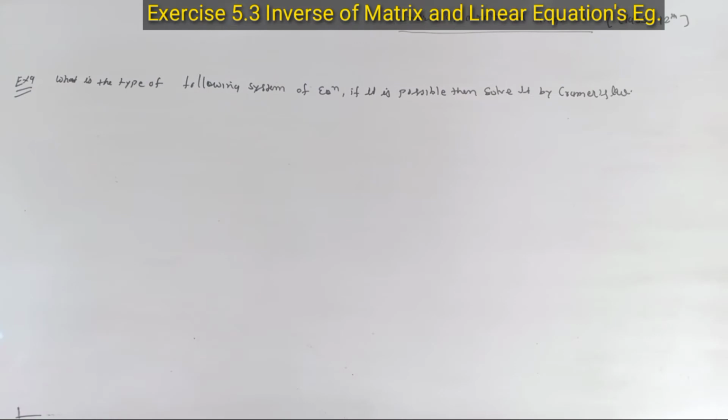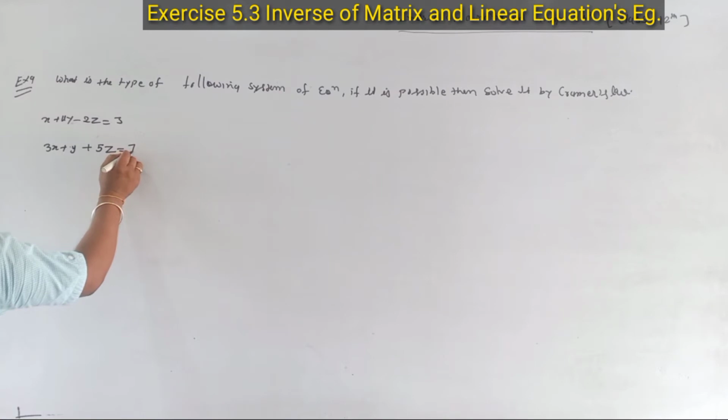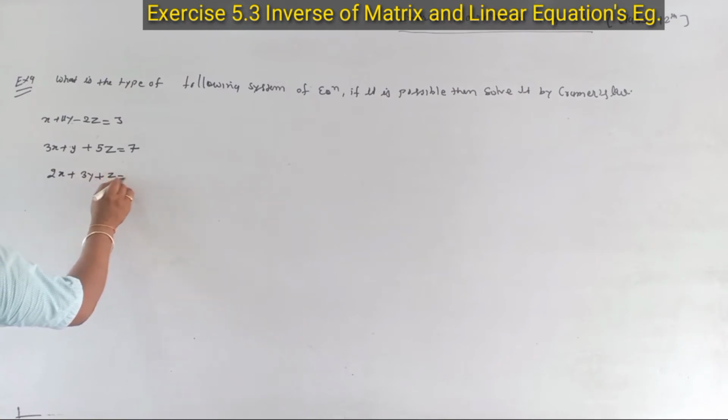Okay, so we are going to check whether it is possible or not. So what is the question? Question is x plus 4y minus 2z equals 3, 3x plus y plus 5z equals 7, 2x plus 3y plus z equals 5.